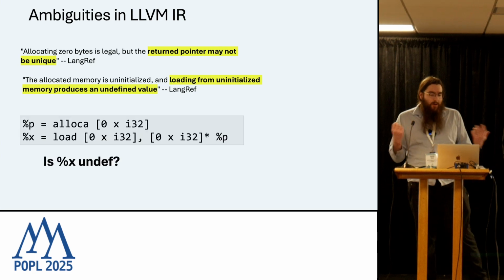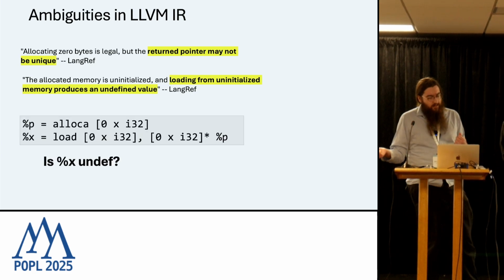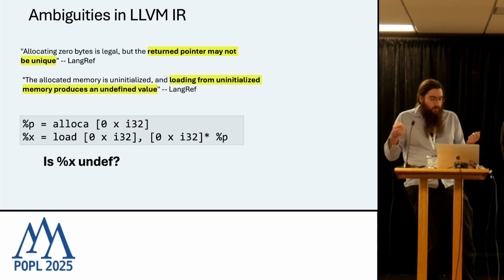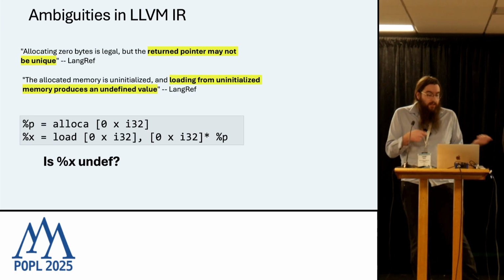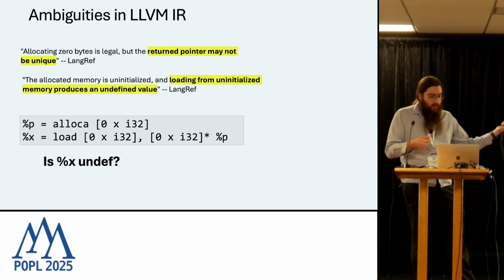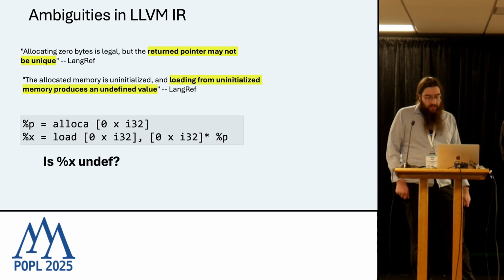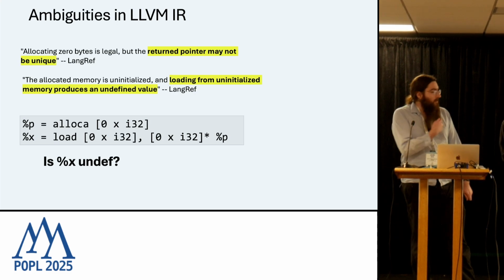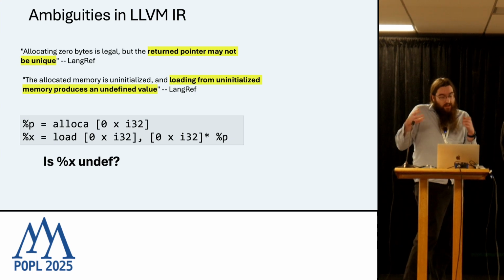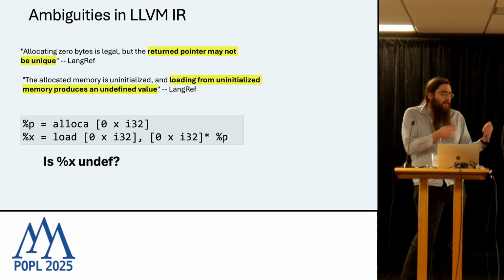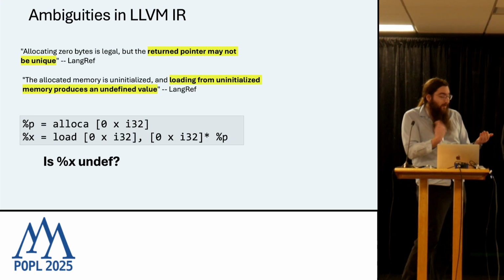This raises some questions about whether loads of size 0 types always return undef. So in this case, do I always get undef back when loading an uninitialized pointer p here? Or if the pointer p is shared with another allocation, and that allocation was initialized, does that count as initializing this variable, and I wouldn't get undef back?